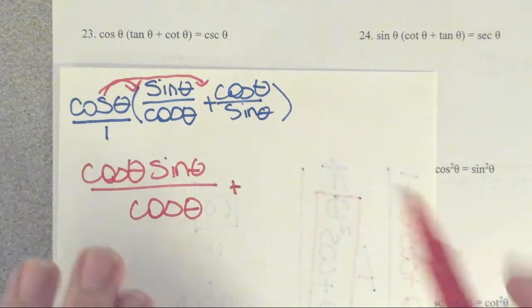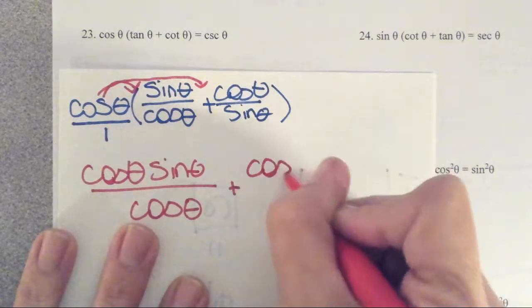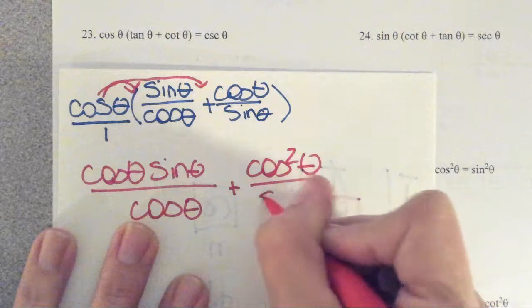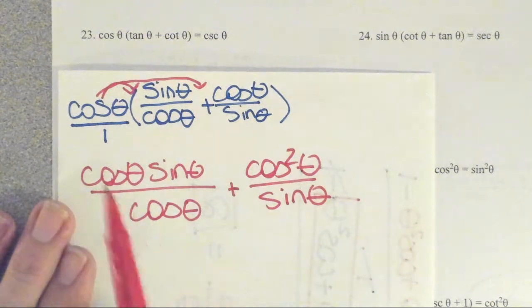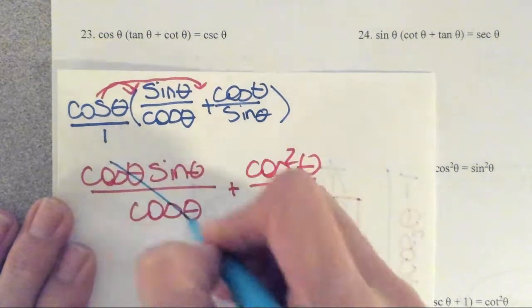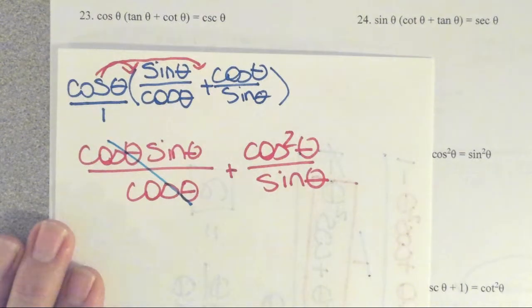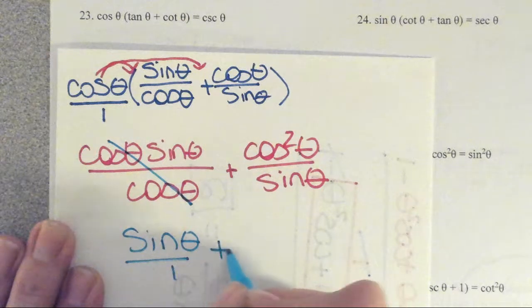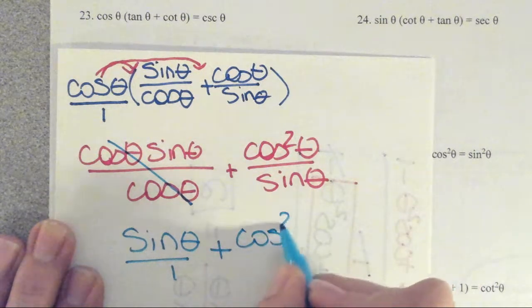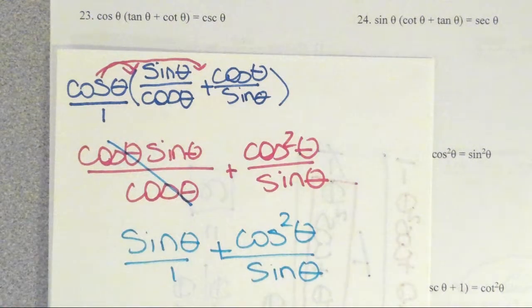And when I go do the next one, I'm going to have cosine squared over sine. This one right here, these two cosines are going to cancel on me. All right. So that made it a little easier. So now I have sine theta over 1 plus cosine squared over sine.